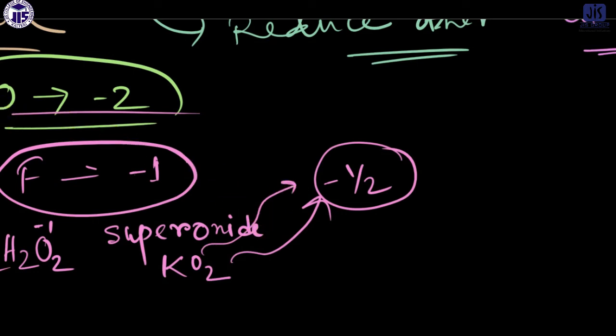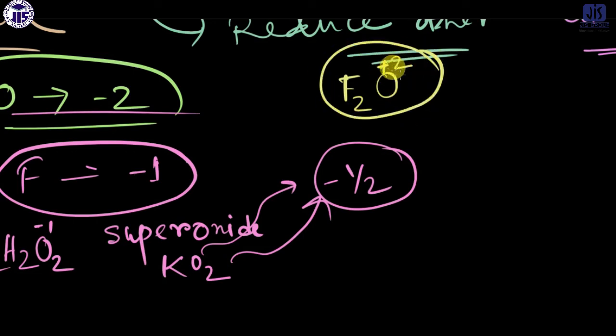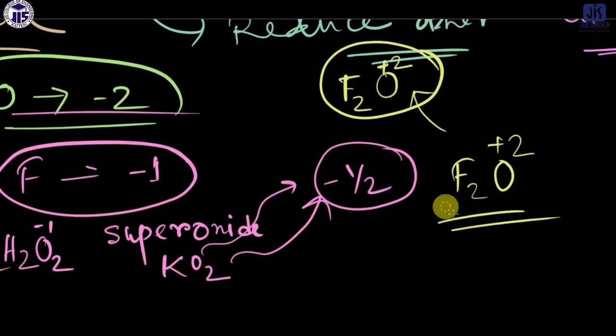Now, fluorine is the most electronegative atom, so when oxygen attaches with fluorine, like in the compound F2O, a positive oxidation number is also possible. So when oxygen attaches with fluorine, its oxidation number becomes positive, like in F2O it becomes +2.